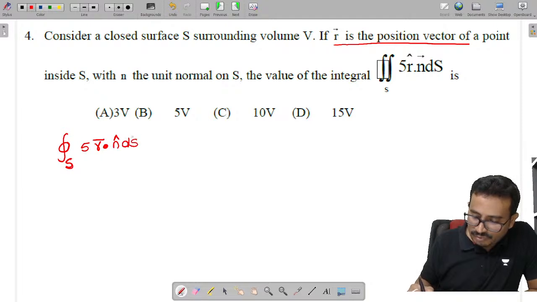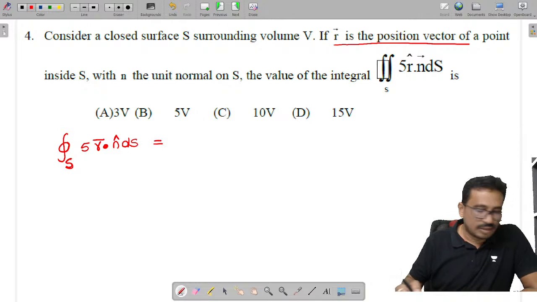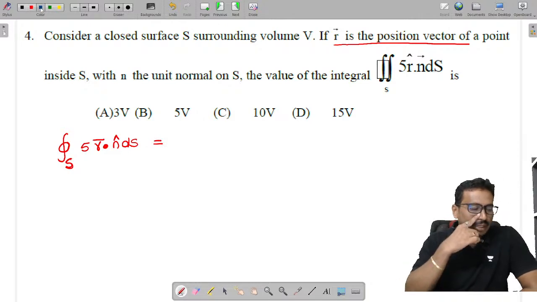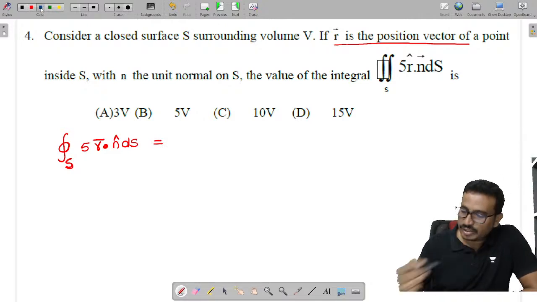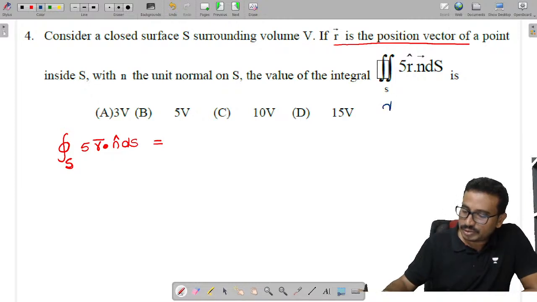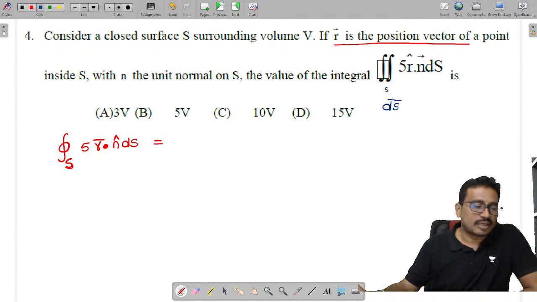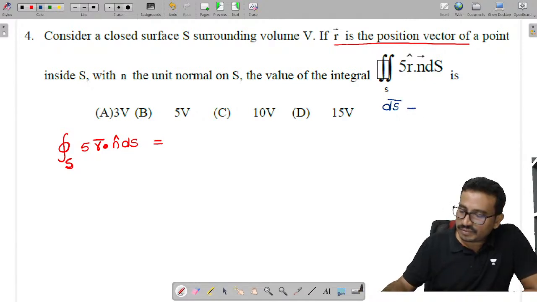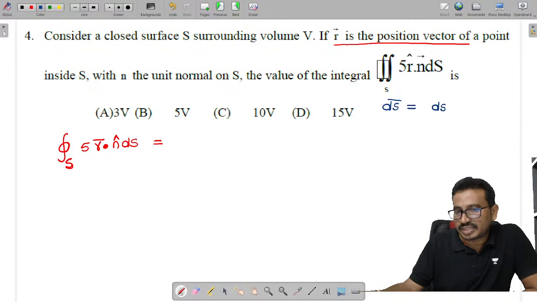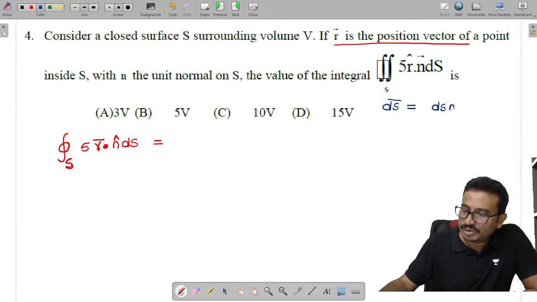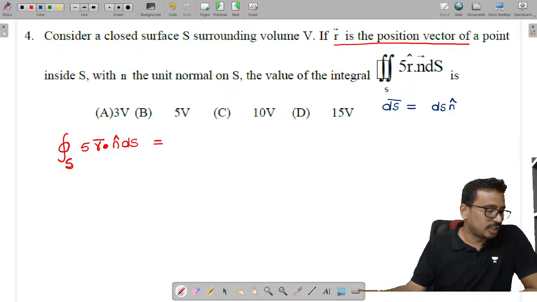Here n cap is a unit vector normal to the surface, and dS is the surface area. Surface area is a vector quantity. dS is the magnitude of the surface area, and to give the direction, we use n cap, a unit vector normal to the surface.